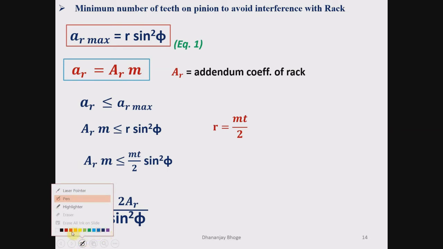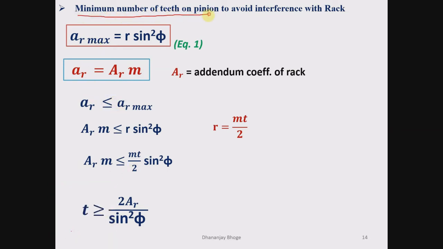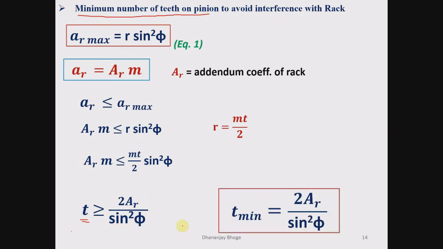We are deriving the equation for t, so I have taken t outside: t on one side and all the remaining terms on the right hand side. So what we get? To avoid the interference, the number of teeth must be greater than or equal to the right hand side.